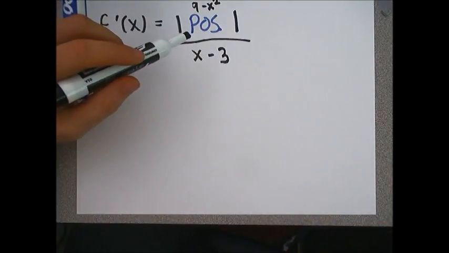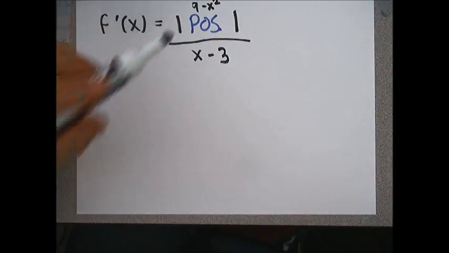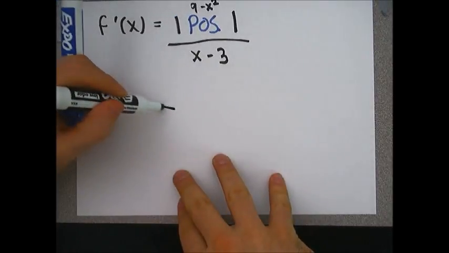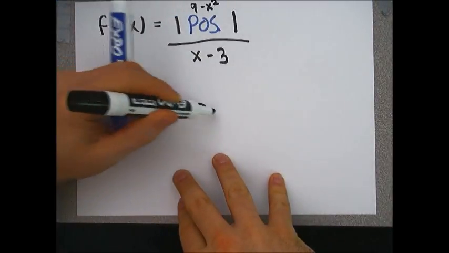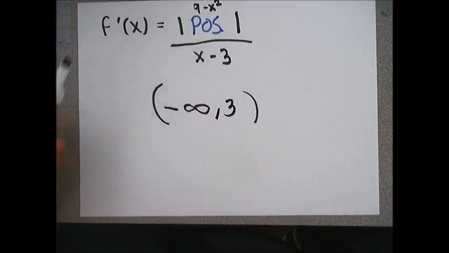So anything that's smaller than 3, all the way down to as small as you want, negative infinity. So from negative infinity to 3, and notice the rounded brackets, that's not or equal to, that's just less than that number, right? So this is the way of saying everything below 3. Does that make sense?